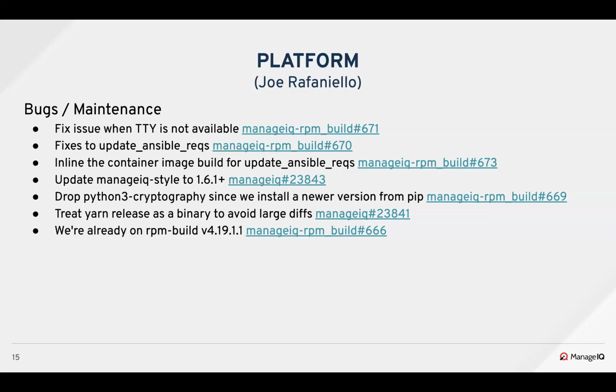Brandon updated the Python 3 cryptography since we installed a new version in pip. And Jason treated Yarn releases as binary to avoid large diffs in core, as I was finding it quite hard to read. And Brandon noted we were already on the RPM build in 4.19.1.1, so we made that change in RPM build. Next slide, and back to Jason.